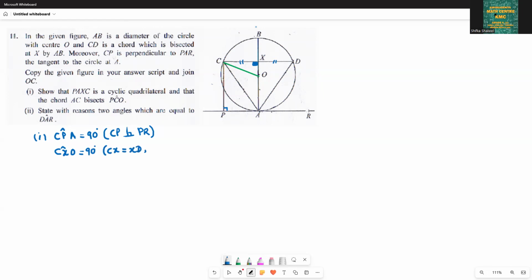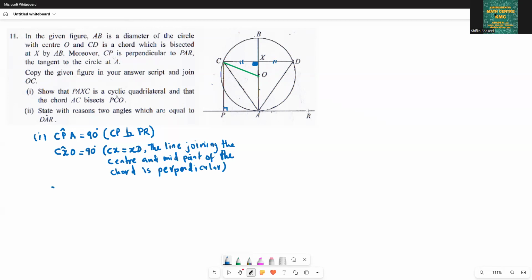These two are equal, which means the line joining the center and the midpoint of the chord is perpendicular. Here they have given O is the center, and X is the midpoint of the chord. Perpendicular means 90 degrees.